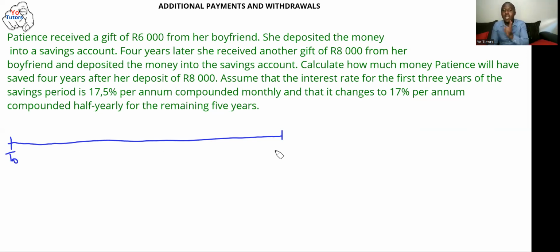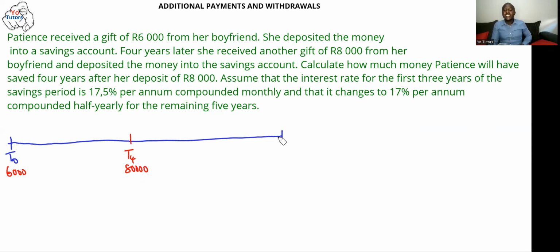So here we are saying how many years in total. The first deposit of 6,000 was made here at T0. Now what happened after 4 years? We have got T4. After T4, what was deposited again is 8,000.